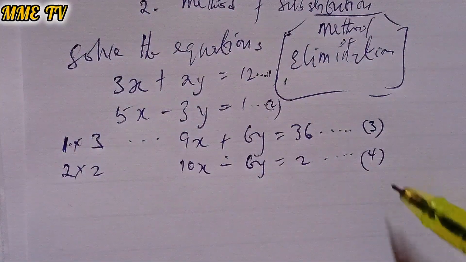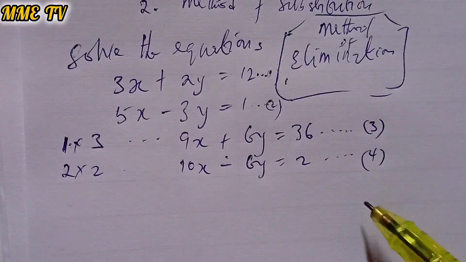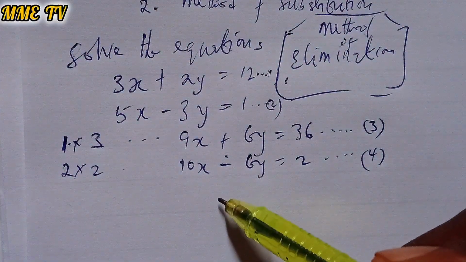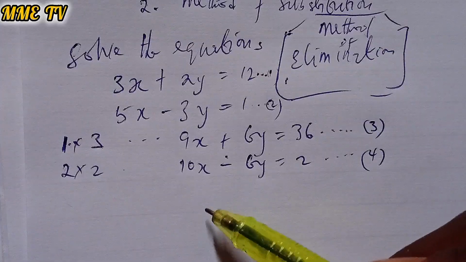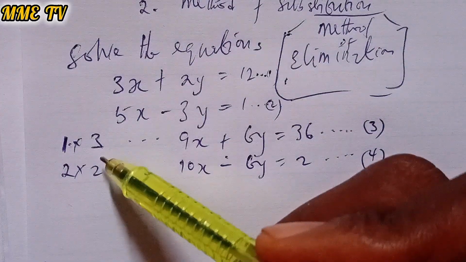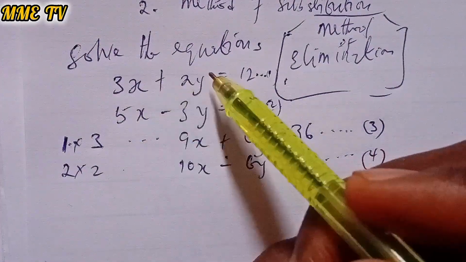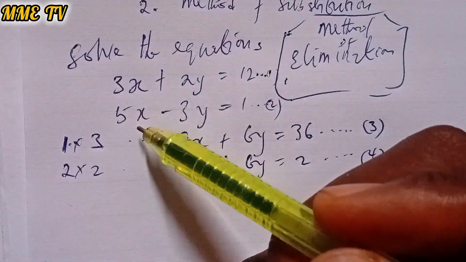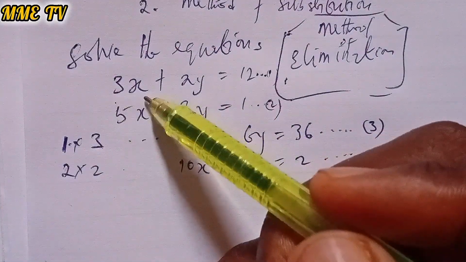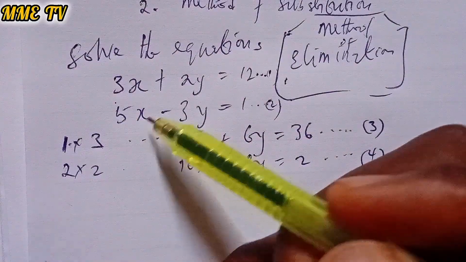But meanwhile, I want you to understand that if someone asks, how do I know that it is 3 that I'm to use to multiply this or that I'm to use 2? When you look at these numbers, you're seeing that this is 3x and this is 5x.